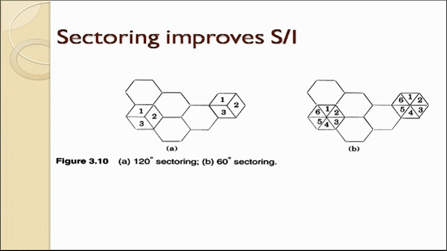The factor by which the co-channel interference is reduced depends upon the amount of sectoring used. A cell is normally partitioned into 3 120 degree sectors, as indicated in figure A, and 6 60 degree sectors, as indicated in B.